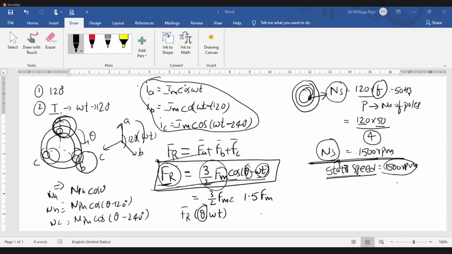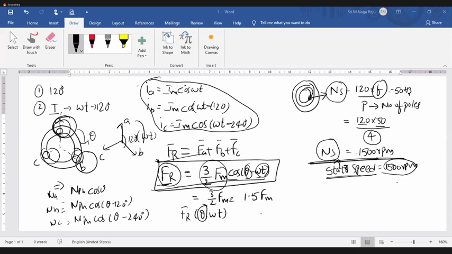Now what we have to understand is, in the air gap the flux is moving with a speed of Ns, which is 120f/P. The rotor will rotate to minimize the relative speed between the rotor and the stator flux.